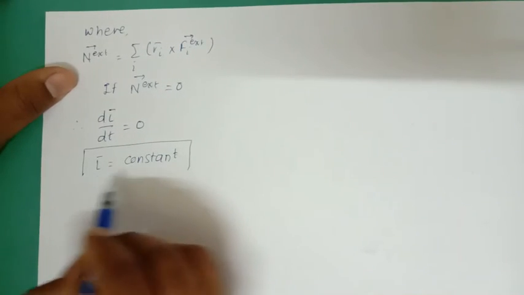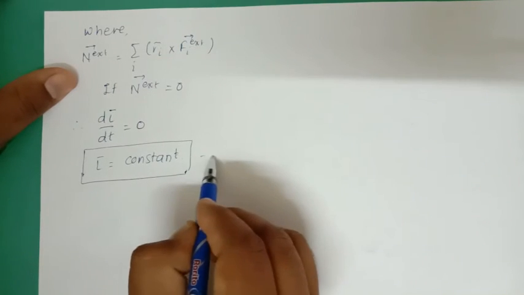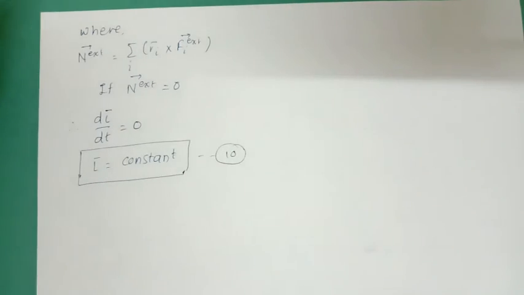So what is the significance of this equation? Let's say equation 10. What is the meaning of this equation number 10? If the external torque acting on the system is 0, in that case the angular momentum of the system is constant in nature. That means if there is no external torque acting on the system, the initial angular momentum is equal to the final angular momentum.